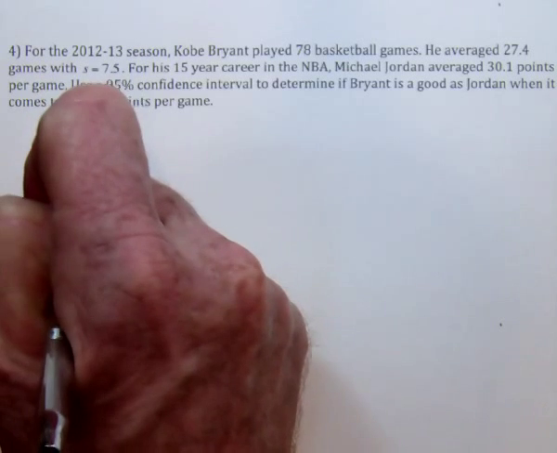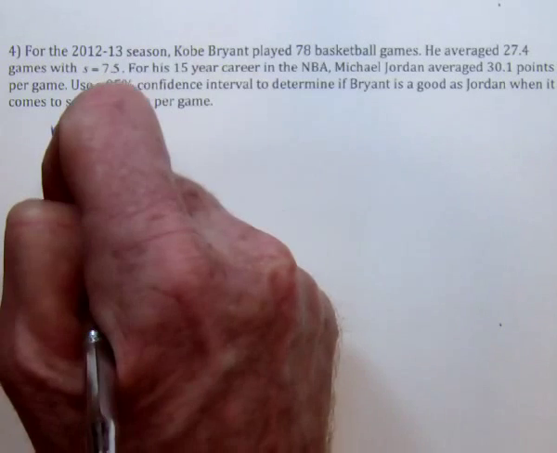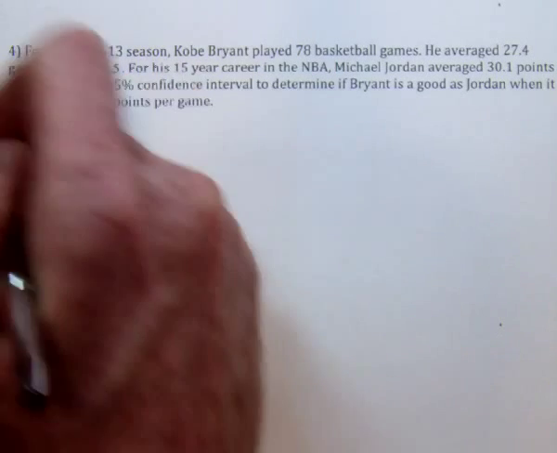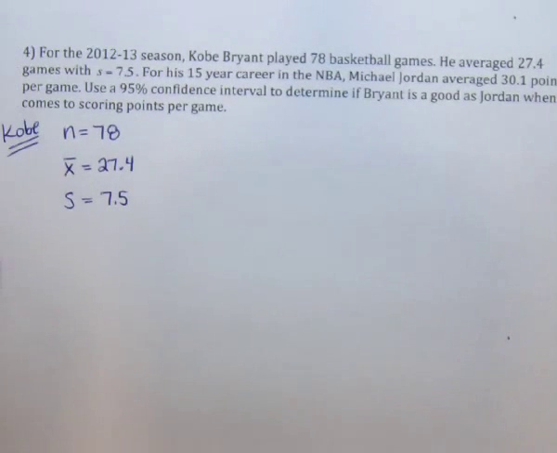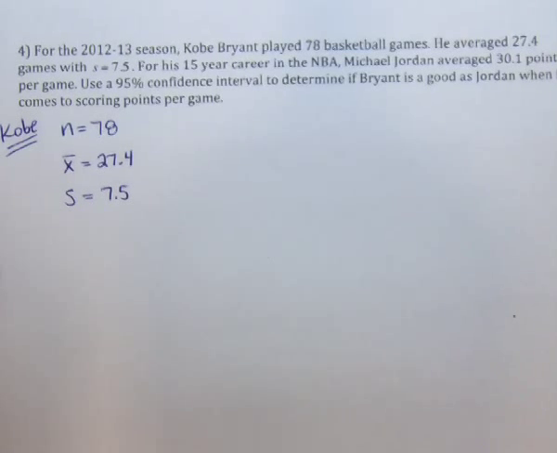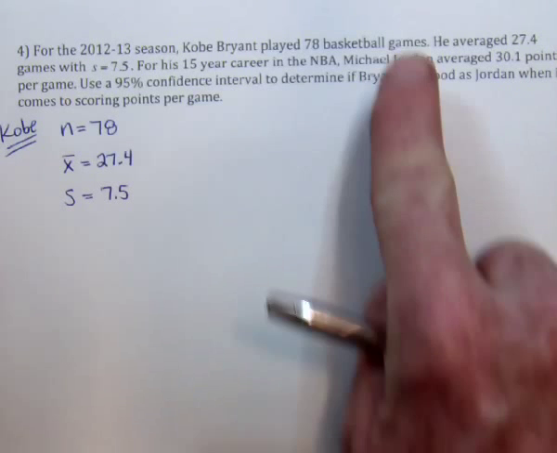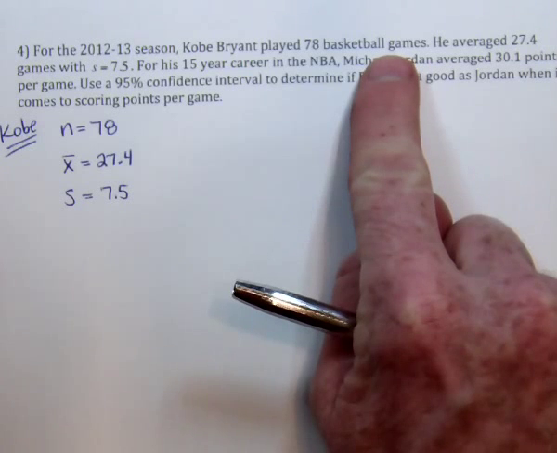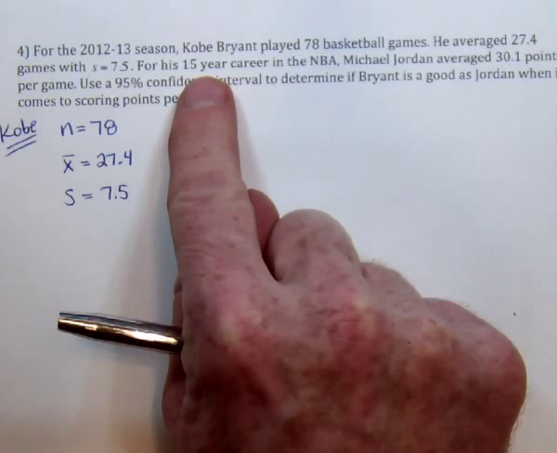And then since that is not his whole population of all the games he's ever played, then it's S. S equals 7.5. And then this is for Kobe Bryant. For his 15-year career, so I cannot write that down as an N, because my N stands for how many games he played. Over the 15 years, I don't know how many games he played.